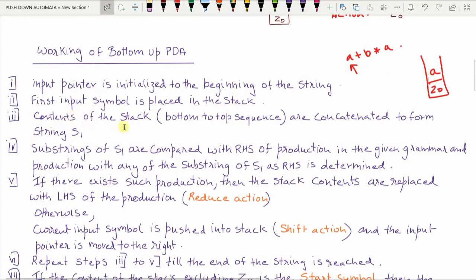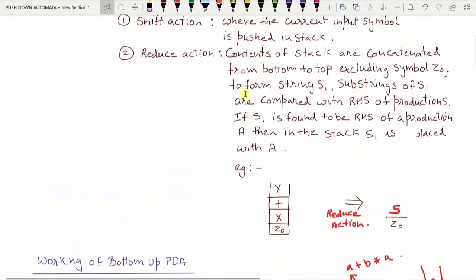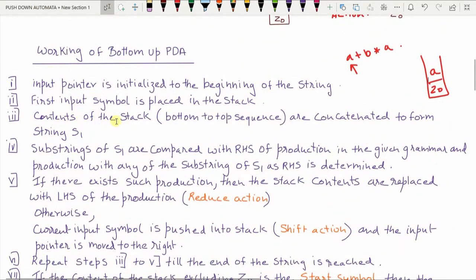Now the contents of the stack are concatenated to form the string S1. I just explained this, but I will do it again. The contents of the stack are read from bottom to top. You understood why bottom to top: whenever you insert any string onto the stack, it gets inserted in the reverse order, so while retrieving you have to reverse it back to get the original string. In simple words, you are reversing the string and then reading it.